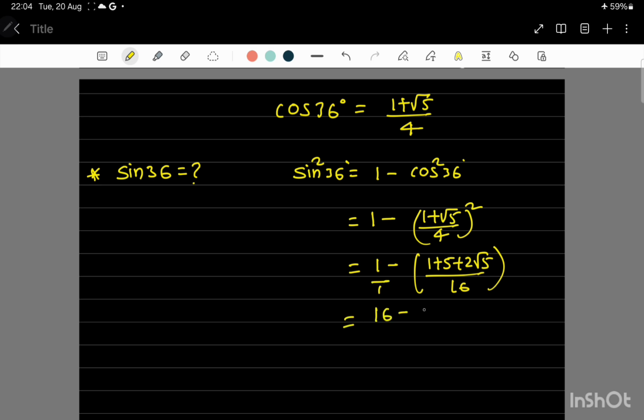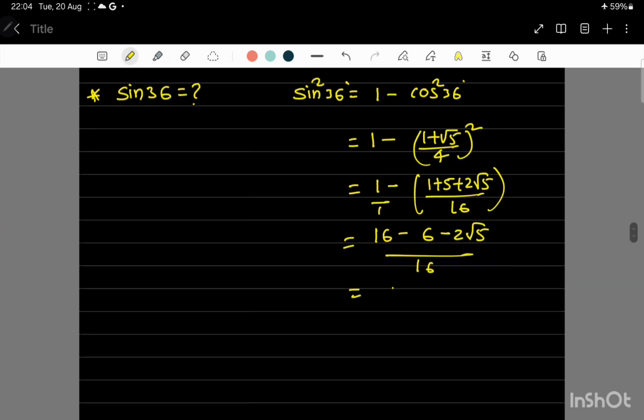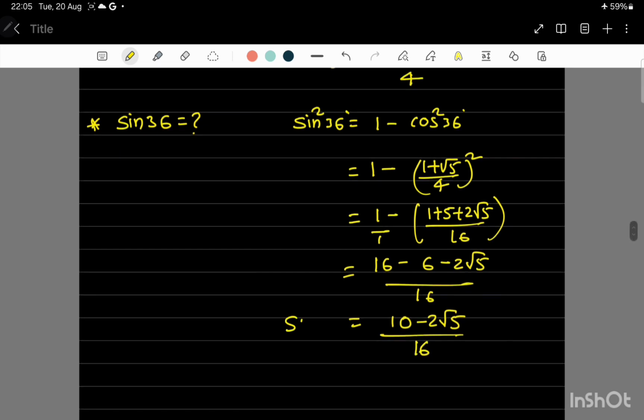So (16 minus 6 minus 2 root 5) divided by 16. So 16 minus 6 is 10, minus 2 root 5, divided by 16. This is sine square 36 degrees.